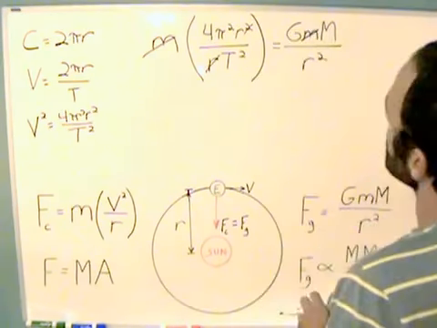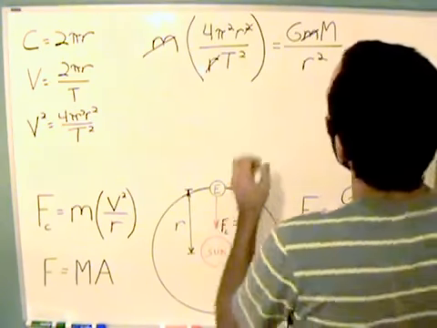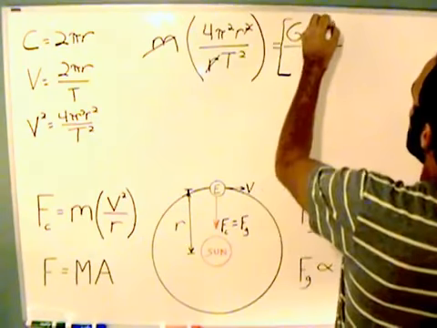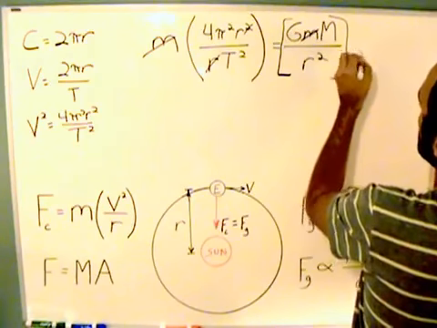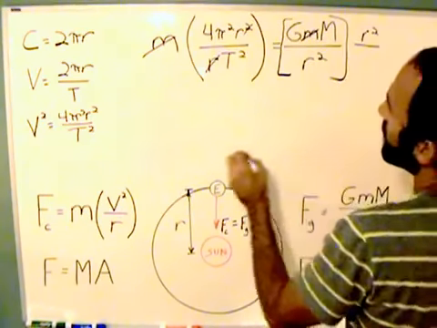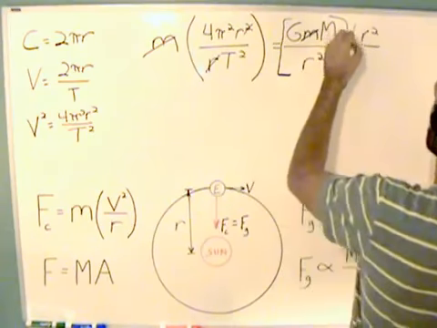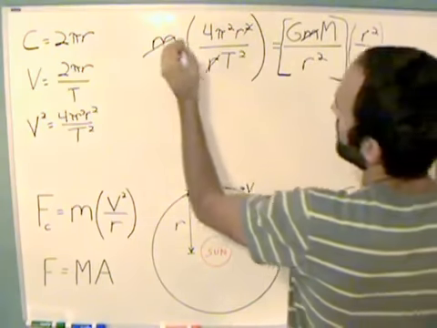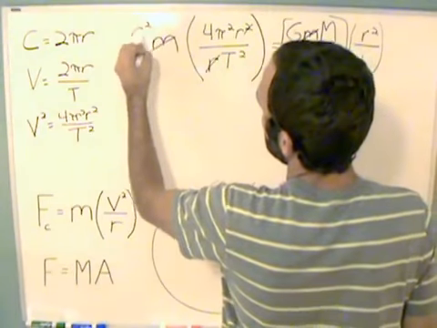So to get r by itself, we multiply this side times r squared. Let's do r squared over 1, and this side times r squared over 1.